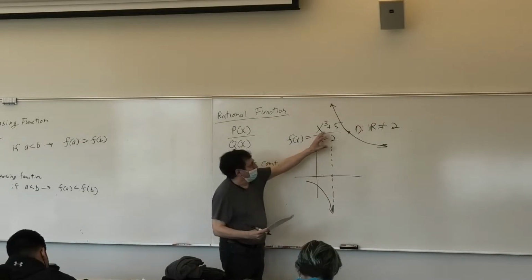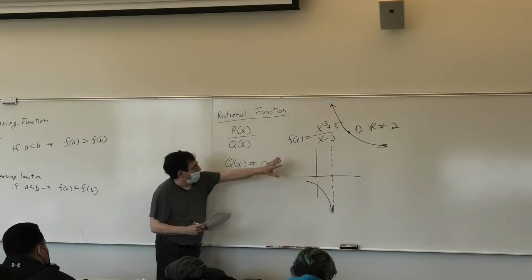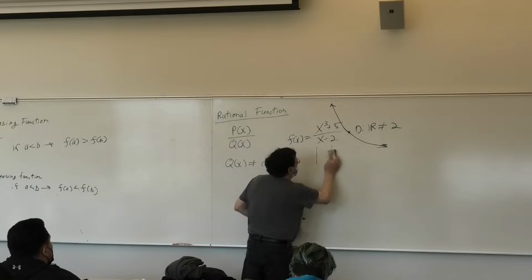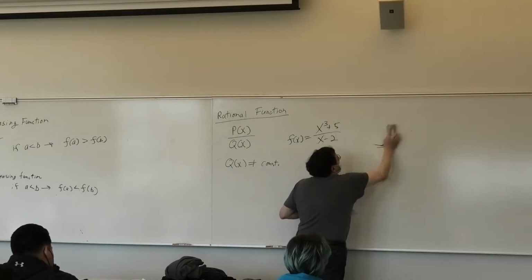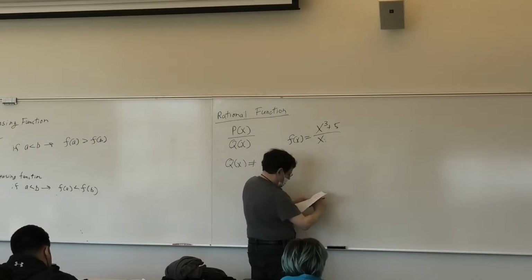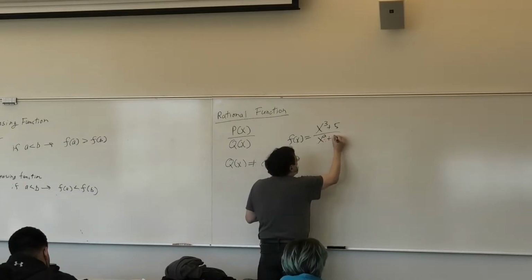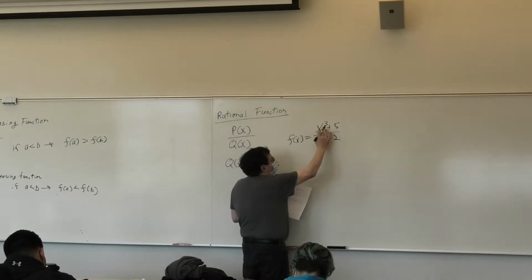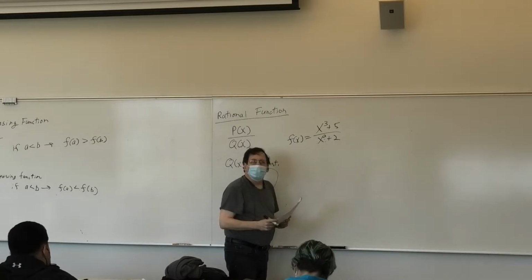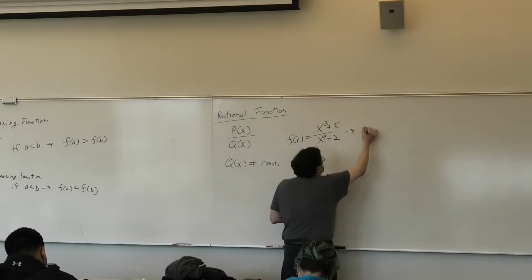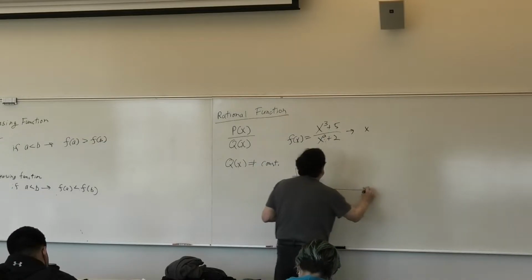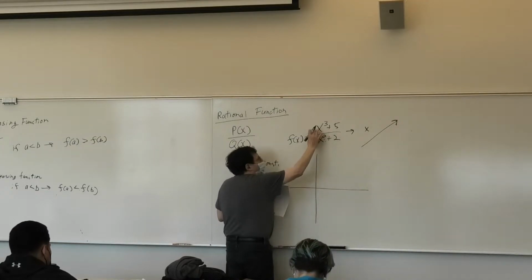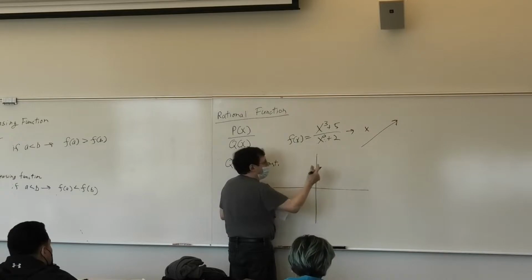Now, there's a few other details to talk about here, and I don't want to talk about this function. I want to talk about this function. So when x gets very large, what does this look like? It kind of looks like x. So if we're over here, it's going to look like this. When x is very small, it's also going to look like x.